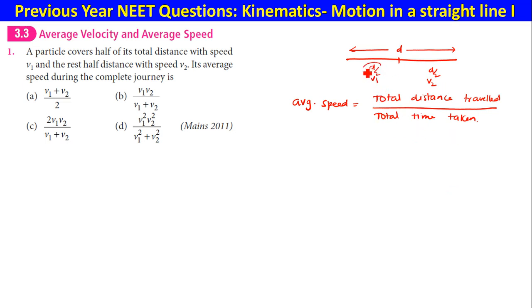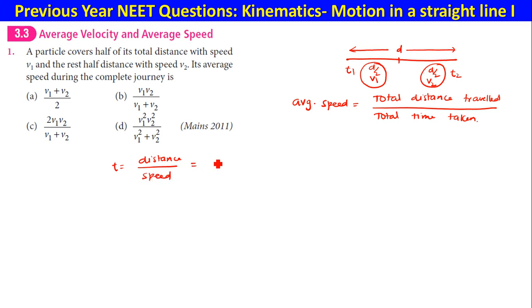What about total time taken? Let me say the time taken for the first half of the distance is t1, and for the second half of the distance is t2. Time is nothing but distance divided by speed, isn't it?